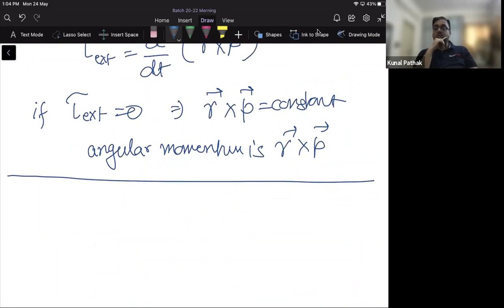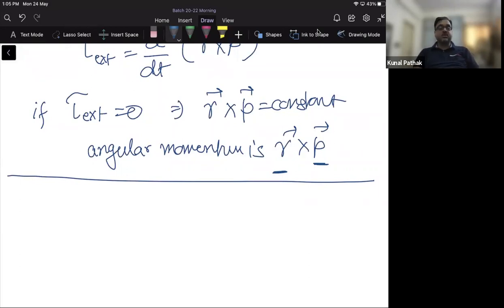For a body to be in possession of angular momentum, as this expression is telling us, a body must have some linear momentum, and it must have a position vector from some origin. Right? So just like torque, the angular momentum is also dependent on the origin that you choose.